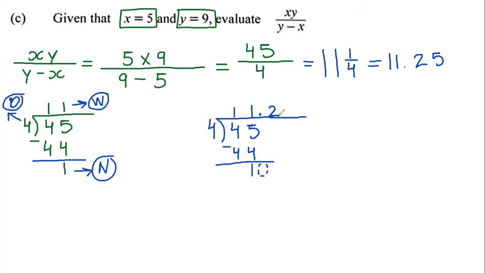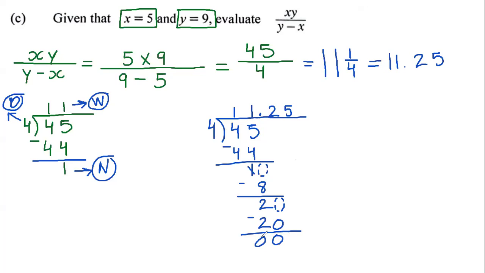Twice. 4 times 2 is 8. 10 minus 8 is 2. Because I have the decimal point, it gives me permission to add an imaginary 0. How many times does 4 go into 20? 5 times. 4 times 5 is 20. 20 minus 20 is 0. And so it's going to be 11.25.